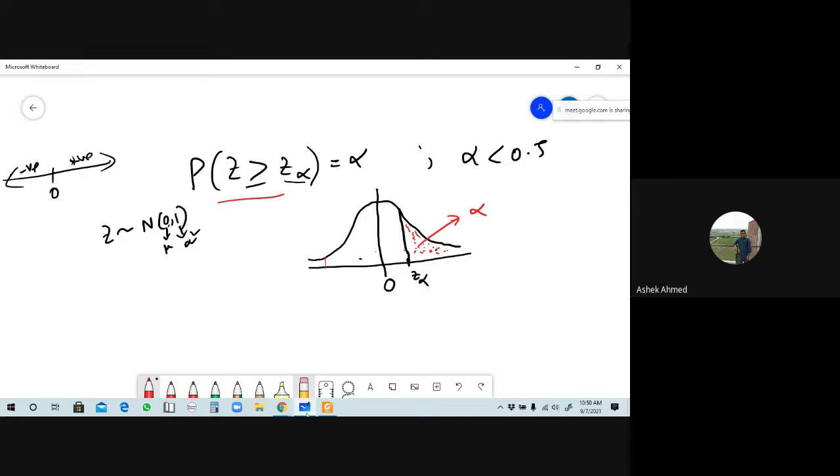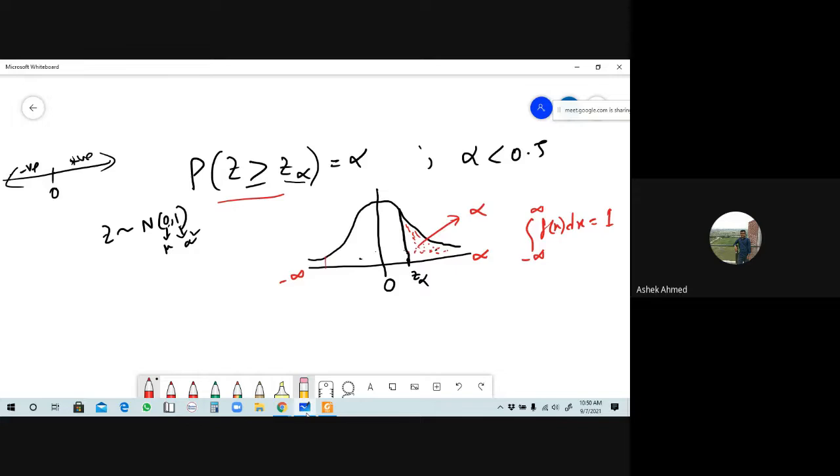Now we know that for a PDF the integration of f of x dx from minus infinity to plus infinity was 1. So this is minus infinity, this is plus infinity, and the total area of the function will be 1.